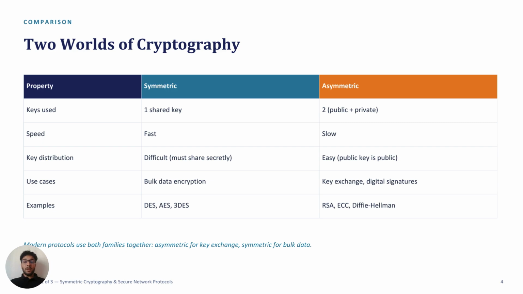It's what gets used to actually encrypt bulk data in practice. Modern protocols like SSH and TLS use asymmetric encryption to securely exchange a symmetric key, then symmetric encryption for the actual session data. So these two families aren't competitors, they are partners.